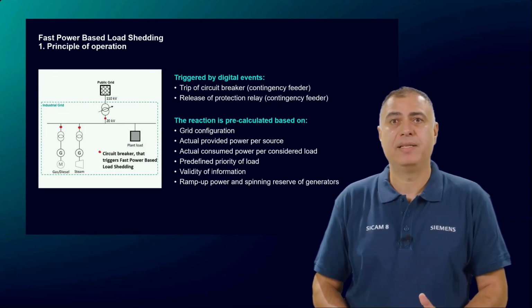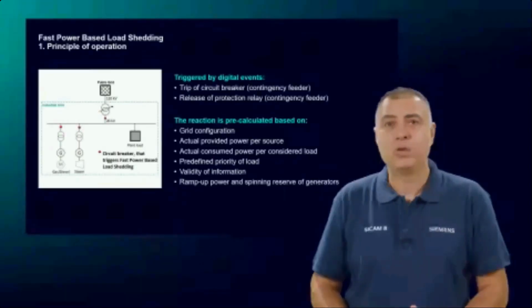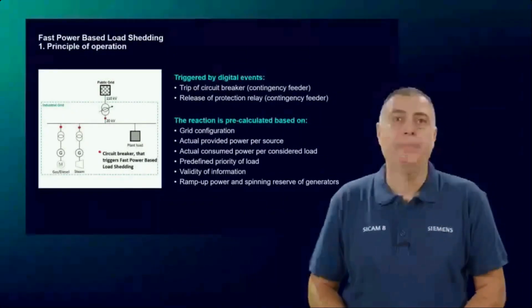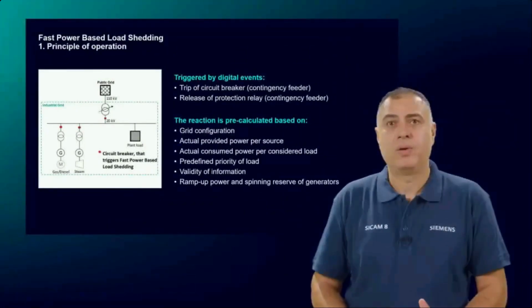For the Siemens SICAM load shedding solution, this means, in the worst case, reaction times between 30 to 70 milliseconds, depending on the involved number of IEDs and the Ethernet structure.